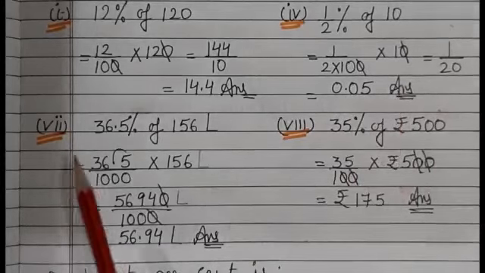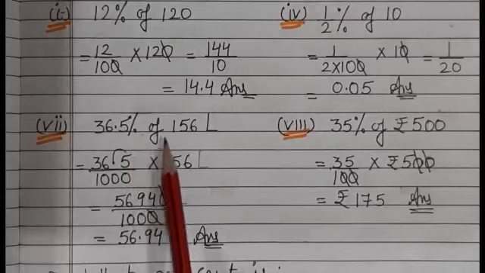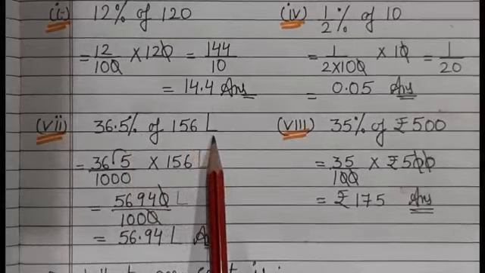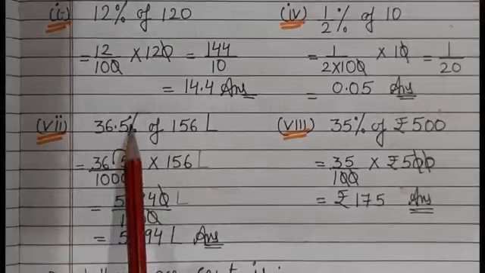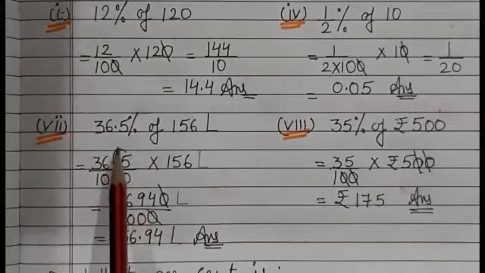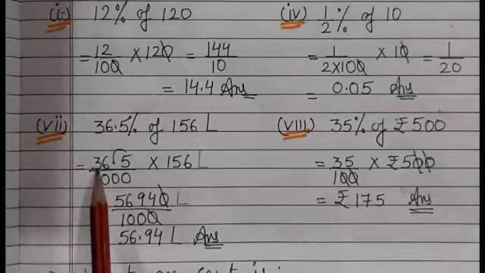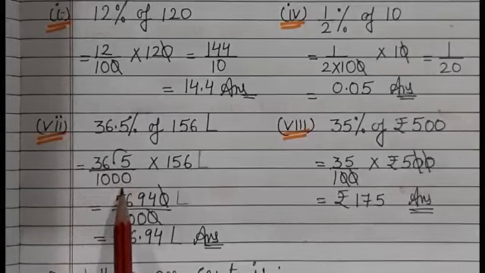Clear? Now the seventh part, 36.5% of 156 liters. Again remove this percent sign, then we have to divide it by 100. When we remove the decimal, 10 is to be increased with 100. So it will be 365 by 1000.